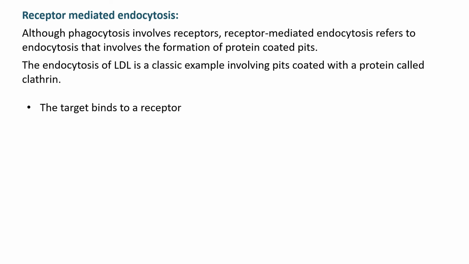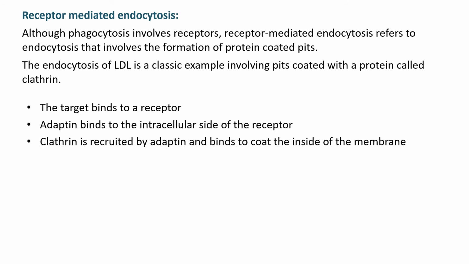So the target binds extracellularly to a receptor. A protein called adaptin, it's like little anchors, binds to the intracellular side of the receptor. This then recruits and binds clathrin, another protein. The clathrin coats the inside of the membrane.